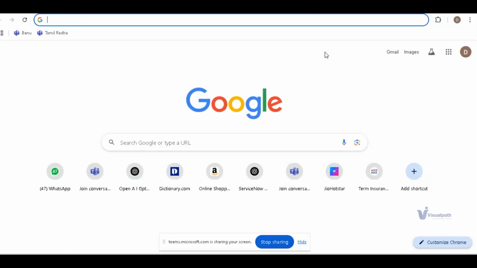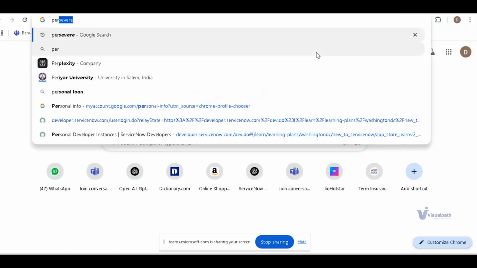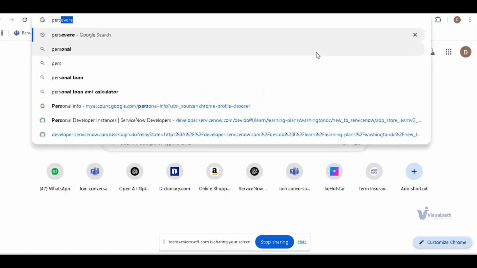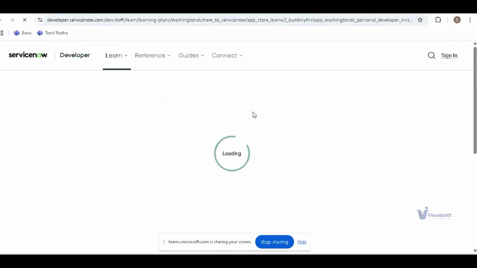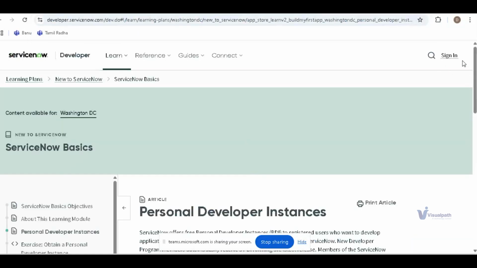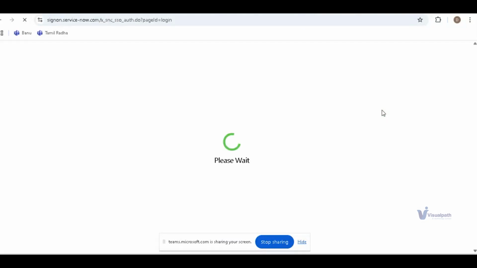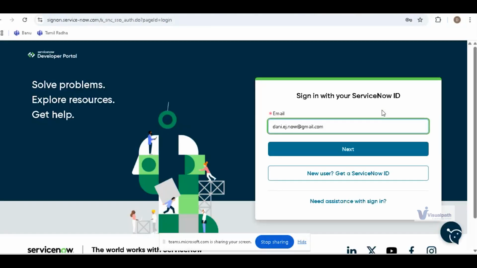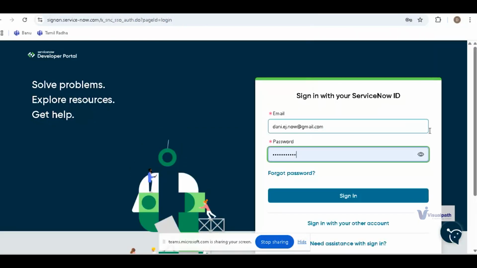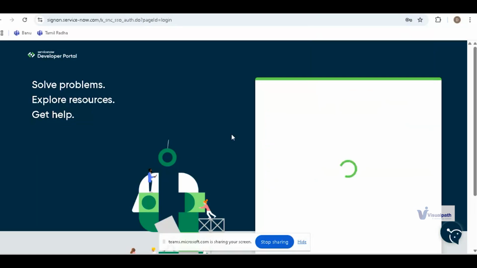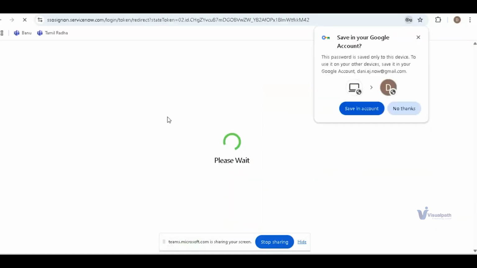Okay, let me open the PDI. I have created one PDI for myself and I'm using it. You don't need a license for this.